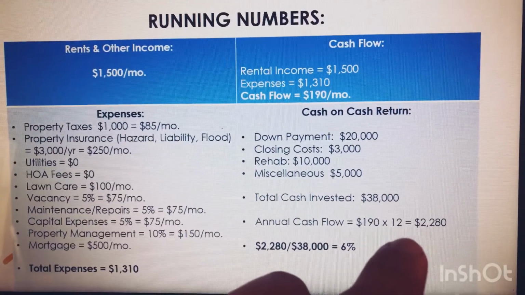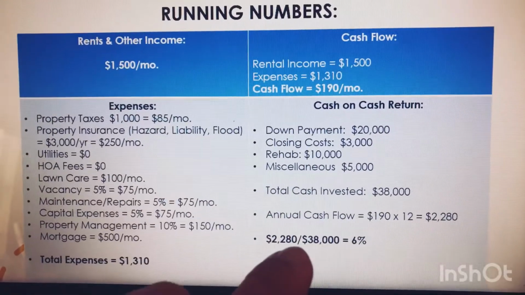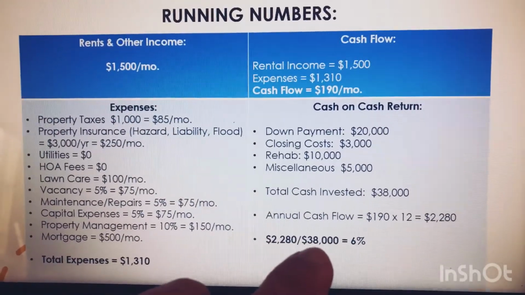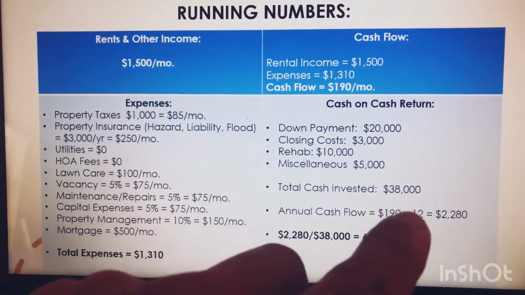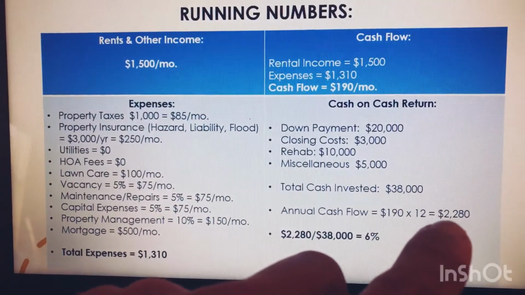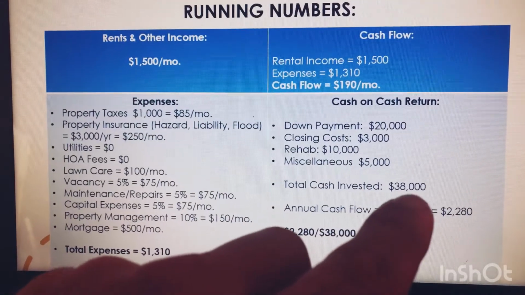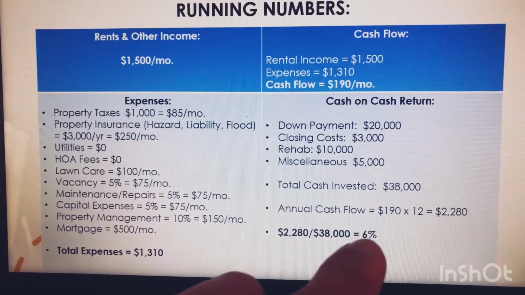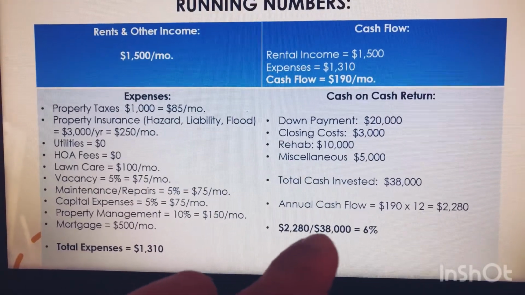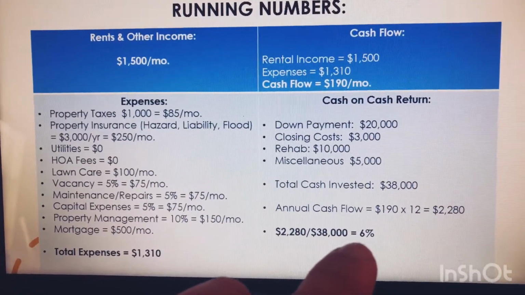And all you do is take your annual cash flow and divide it by your cash invested, which was up here, $38,000. So we take our annual cash flow, 2,280, divide it by our total cash invested, which is 38,000, and that gives us a percent. In this case, our cash on cash return gives us about a 6% return.